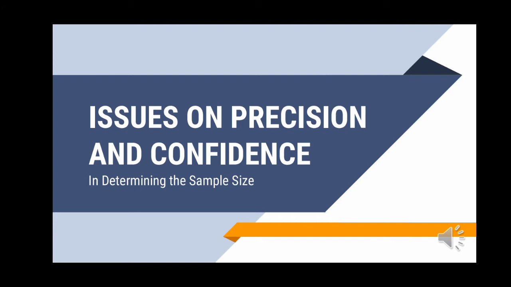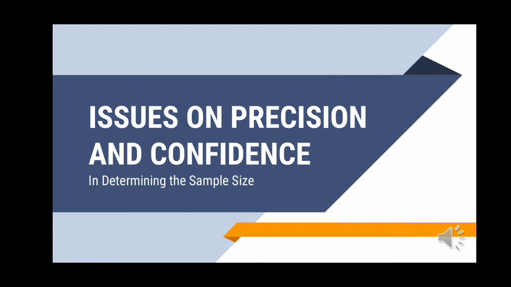But before proceeding to the main discussion, please take note of this. According to Sekaran and Bougie 2016, no sample statistic is going to be exactly the same as the population parameter, no matter how sophisticated the probability design is.